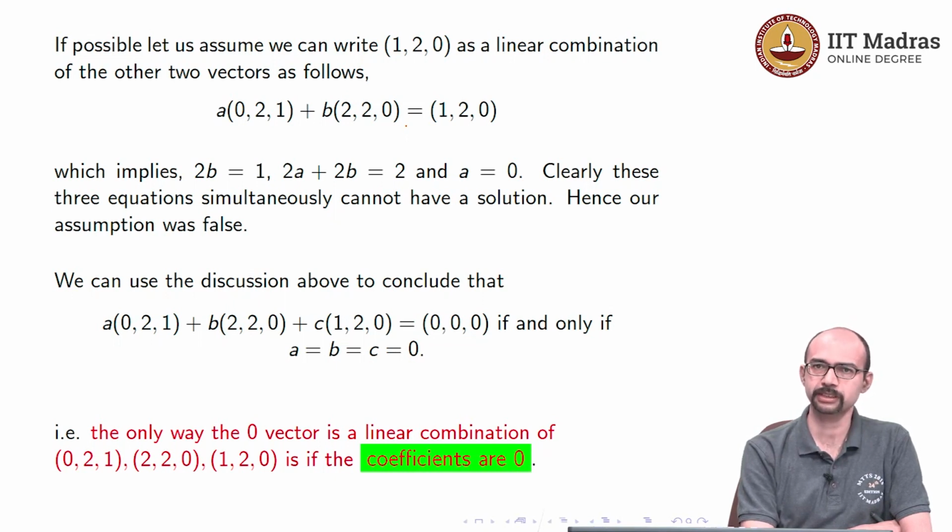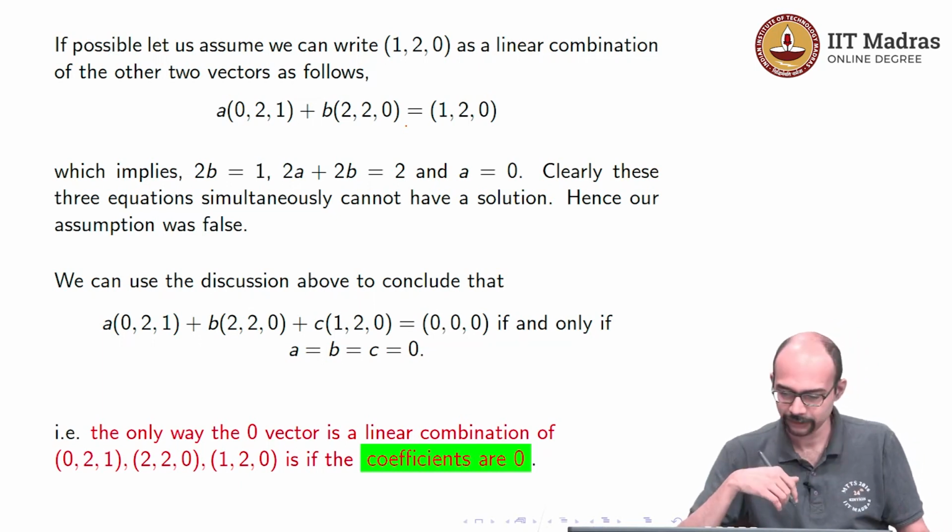In the previous examples where those vectors were on the same plane, we could write 0 as a linear combination of those three vectors with non-zero coefficients. But here there is no way of doing that. The only way of writing 0 is if your coefficients are 0. Okay, and that is the trivial way, right? Because if the coefficients are 0, we get the 0 vector.